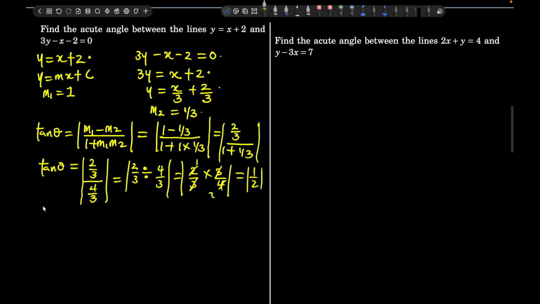So tan theta is equal to 1 over 2, which is 0.5. So theta equals arctan 0.5. If you have your calculator, arctan 0.5 is equal to 26.57 approximately. So this is the angle between the two lines.